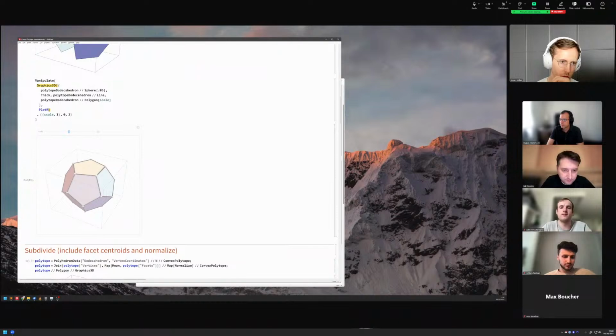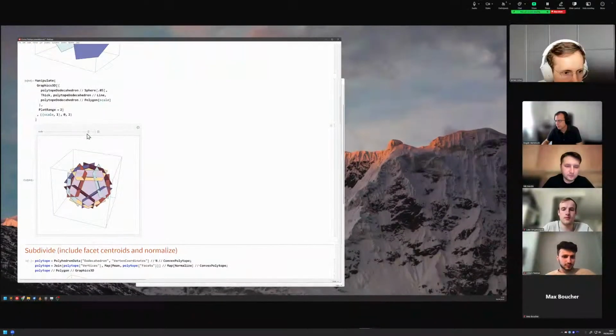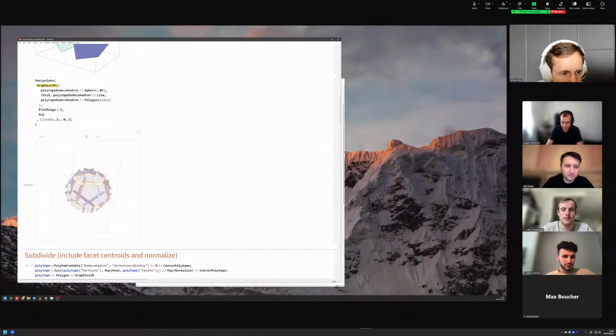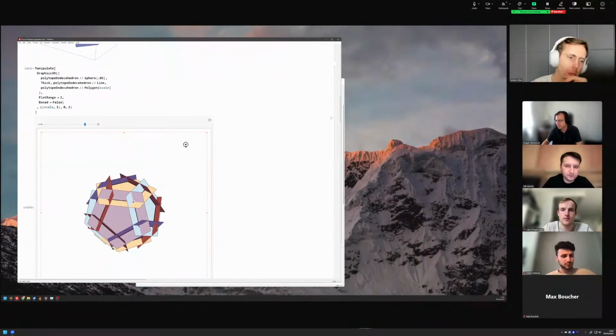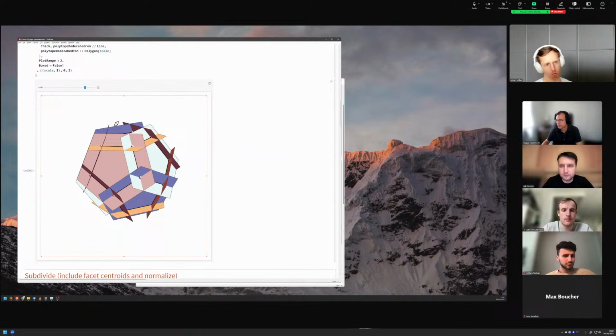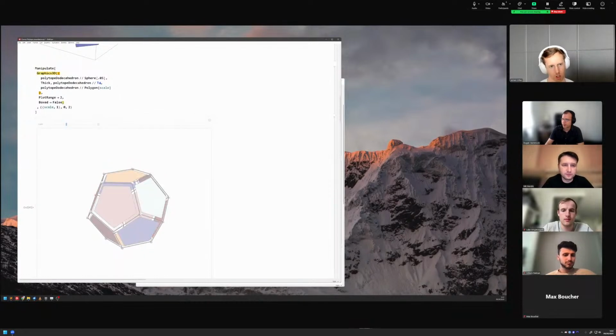Fix the plot range so it doesn't... There we go. Okay, cool. Let me see that for a second. Interesting.